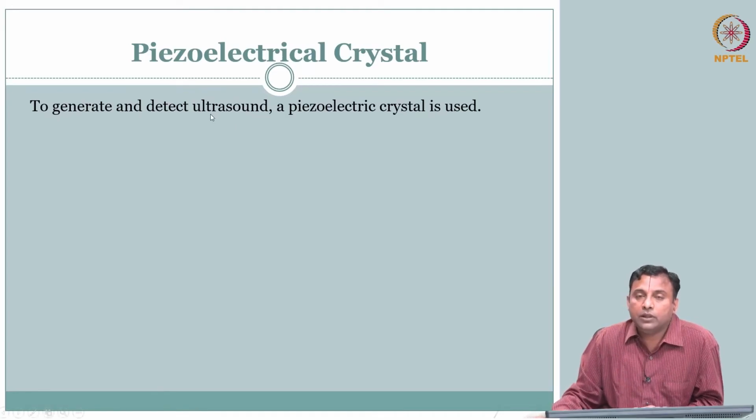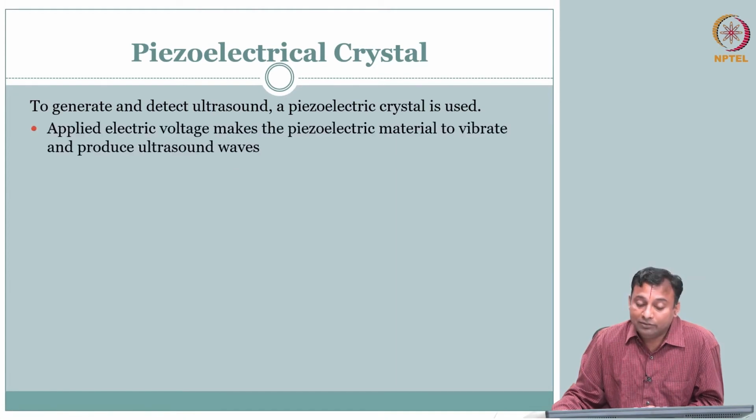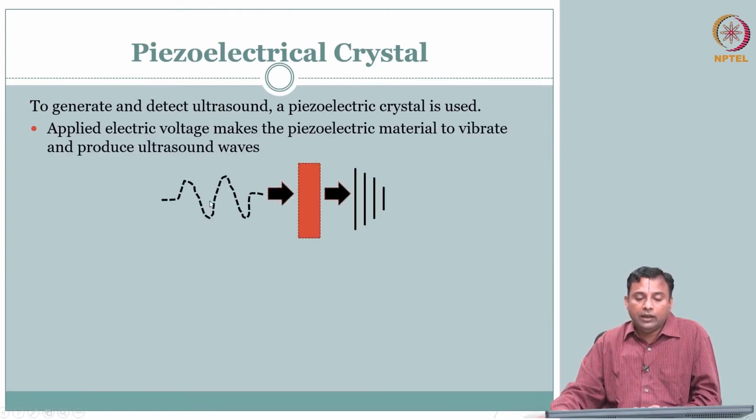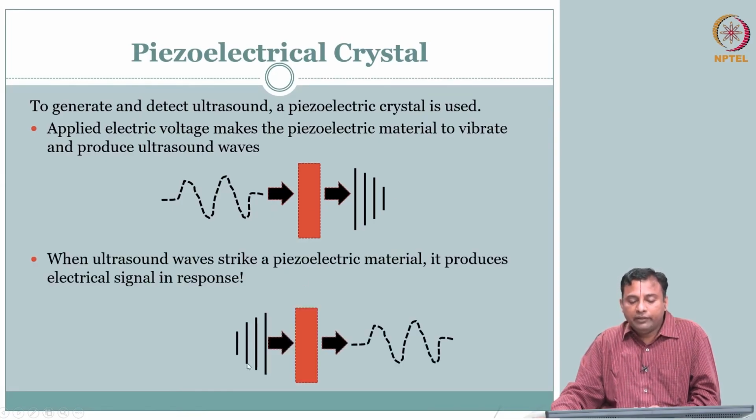That is the idea about this piezoelectric crystal, which is why it is very powerful. You could have the same crystal act as both transmit and receive. When you supply electrical voltage to this crystal, it starts to vibrate and you create a pressure wave. In the reverse, when a pressure wave hits it, it will create a voltage. So, this is very important.